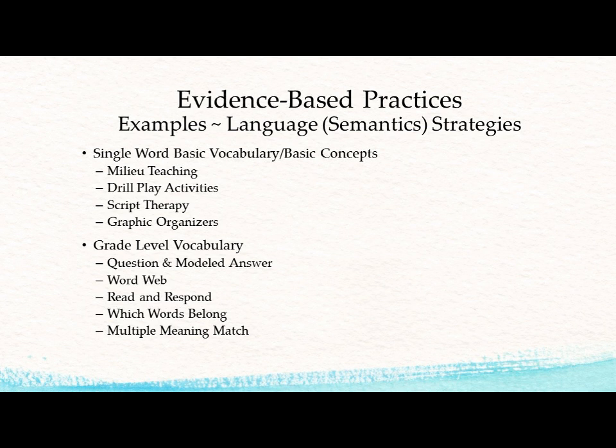In the area of using grade level vocabulary, another semantics objective or area, there are strategies such as word web, read and respond, question and modeled answer, an activity called which words belong, and multiple meaning match.